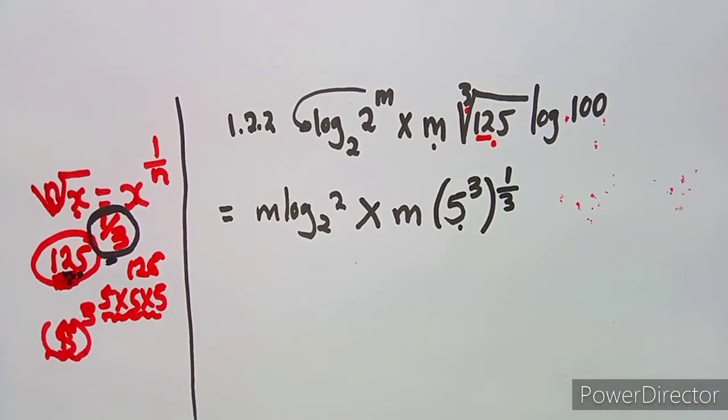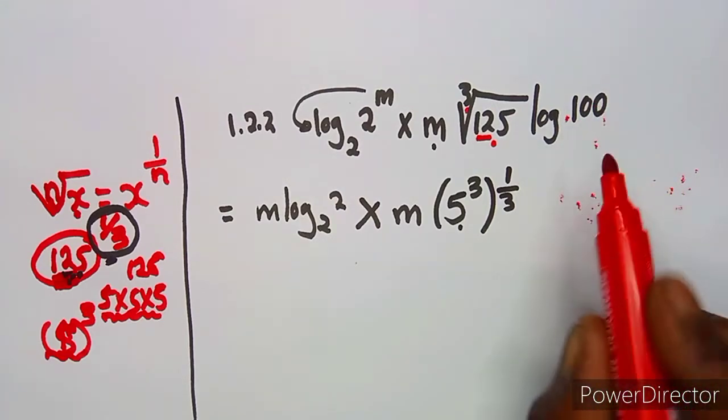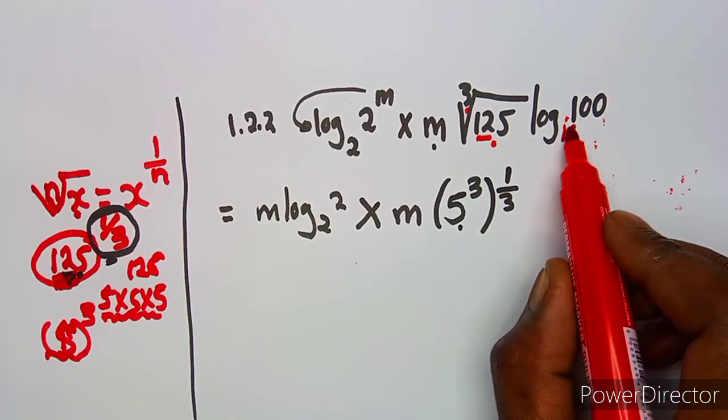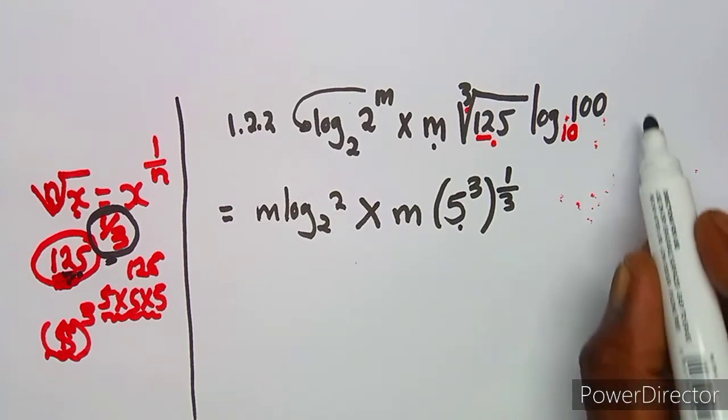All right. We move on to the log now. Whenever you are given a condition where the base is not indicated like this, it means you are in base 10. So this is the same as the logarithm of 100 in base 10.